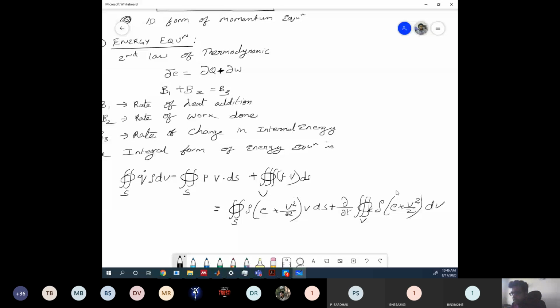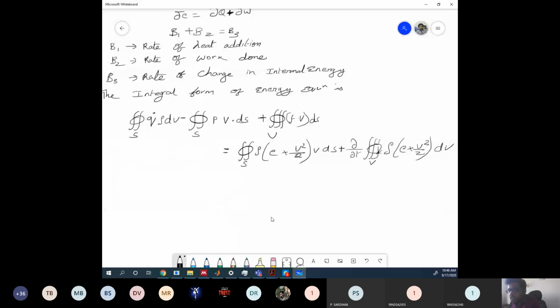Now if you see here, let's take this entire term as Q dot. So the first term we'll take as Q dot, the rate of change of heat. Then that will be minus. As I said, for steady flow and no body forces, since you will have no body forces, this will be 0, and the time rate of change for steady flow will be 0.